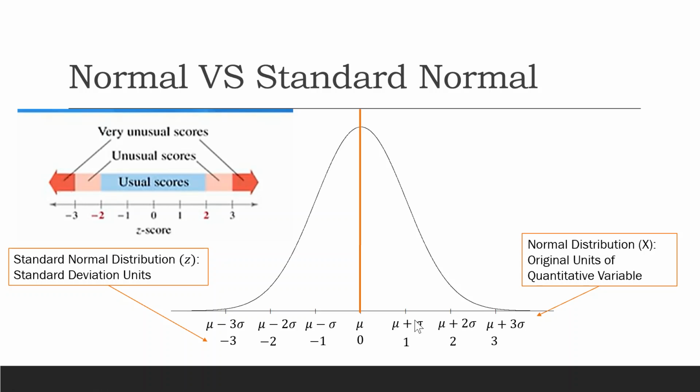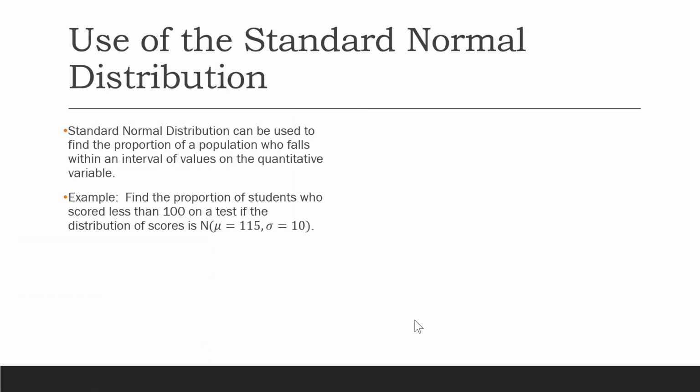Well, in real life, an observation may be 1.5 standard deviations above the mean, or 0.35 standard deviations below the mean. The empirical rule is not going to help me find the areas there. So I'm going to use the standard normal distribution to find proportions of normal distributions in order to help me answer a lot of questions we may be interested in.